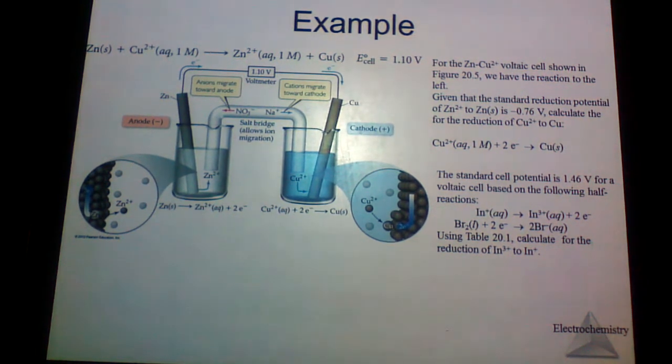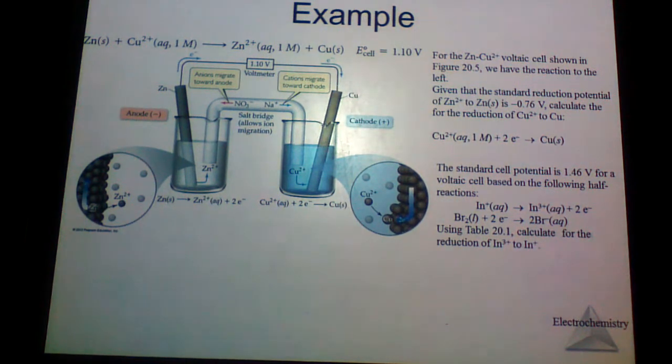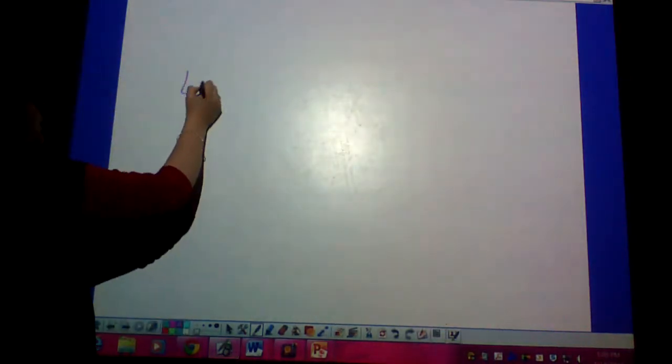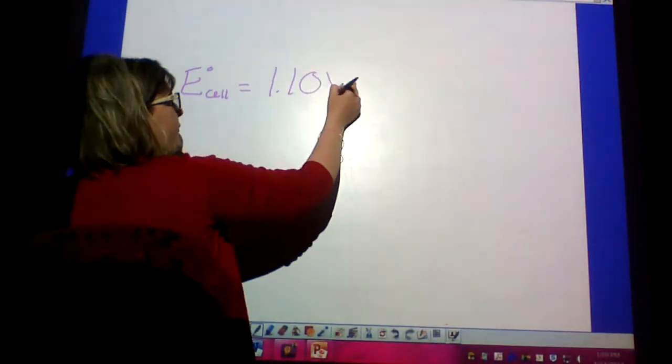Ultimately this is just doing some different math than what we did in the last slide. So I know that the overall cell potential was equal to 1.10 volts.